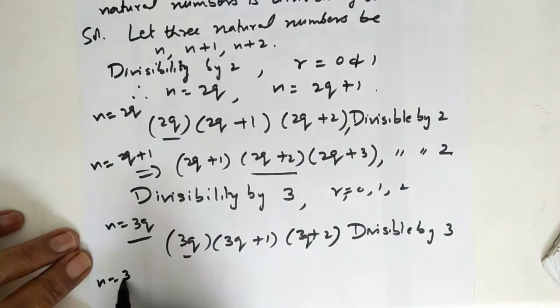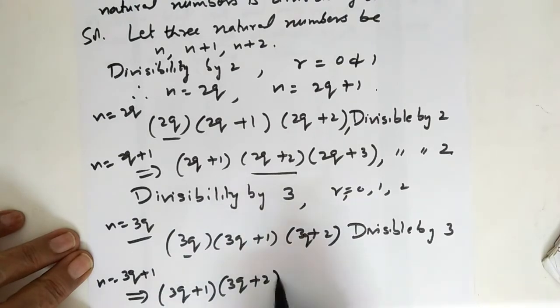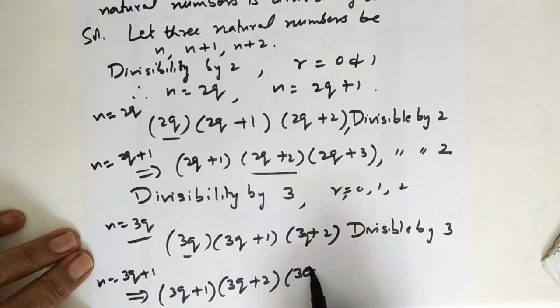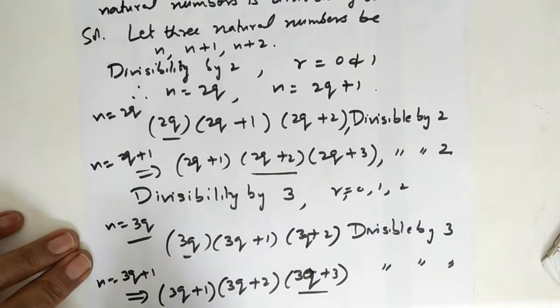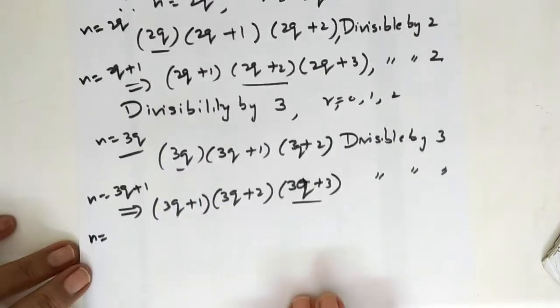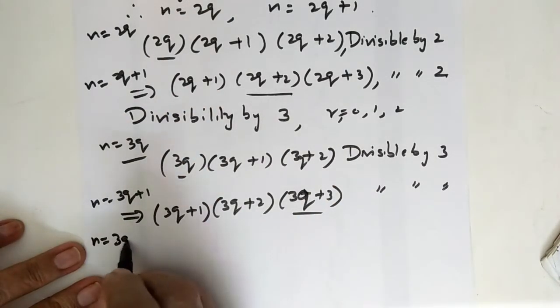n is equal to 3q plus 1. Then 3q plus 1, 3q plus 2, 3q plus 3. It is again divisible by 3. n is equal to 3q plus 2.